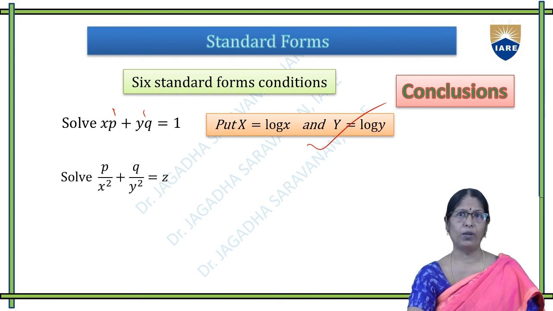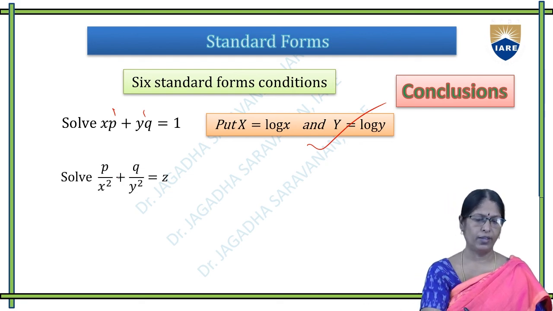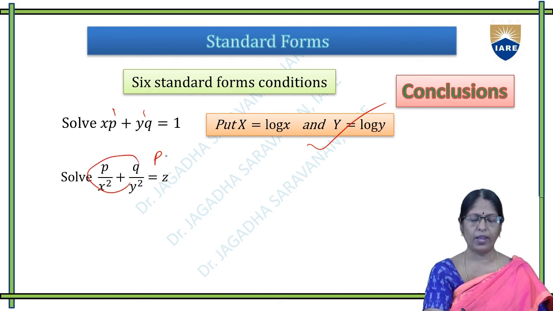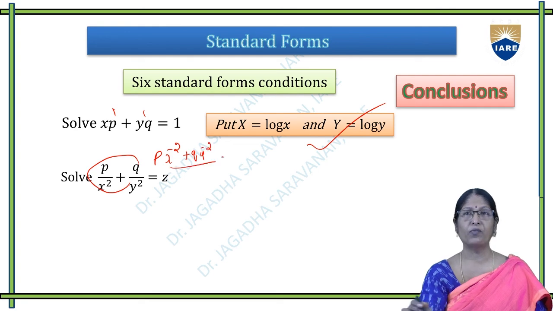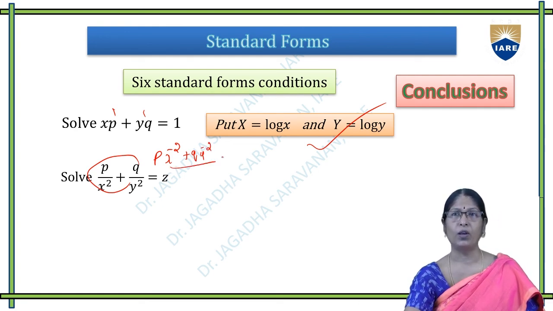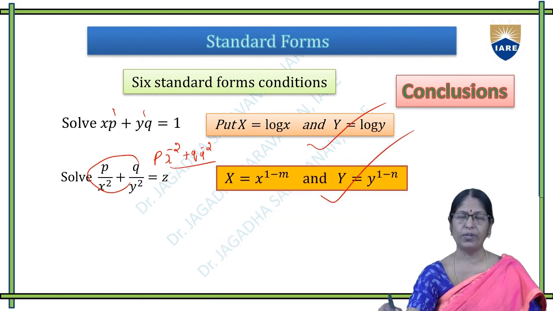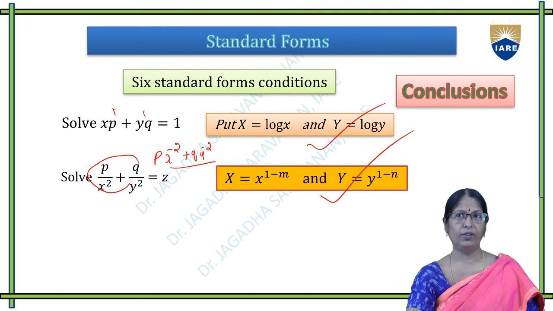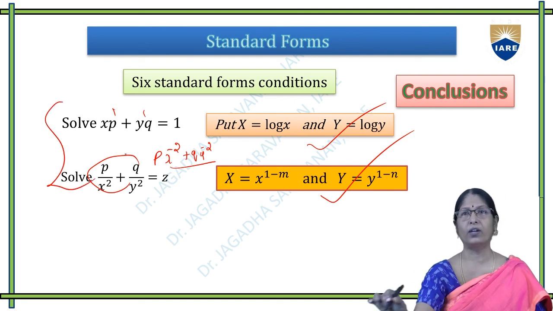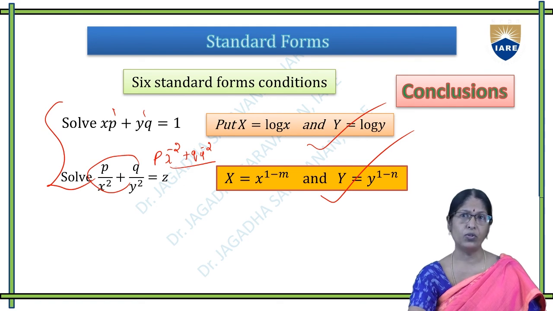So the next problem we have taken, this we can write as p x power minus 2 plus q y power minus 2. Here we are noticing our m and n are minus 2. They are not equal to 1. We made this assumption and we solved the second problem. Both being standard form 5, they were reduced to standard form 2, and we obtained the required solution. Then we moved to the last problem.